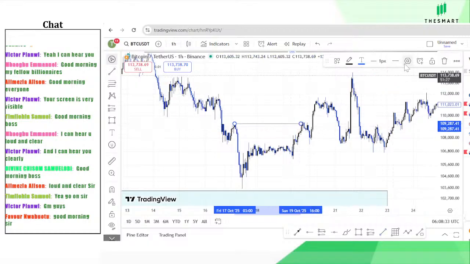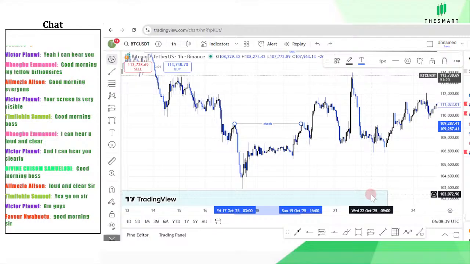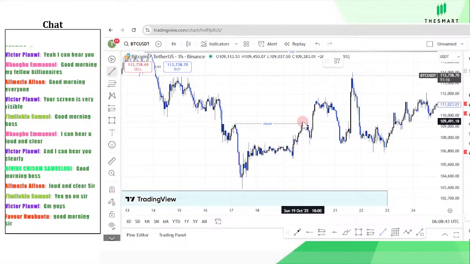On the 1 hour, we had a change of character. We had a break of structure here. We have another break of structure to the upside.